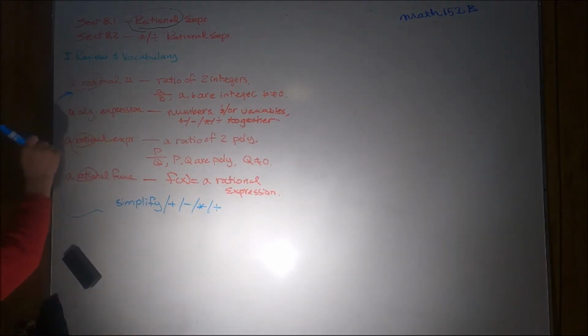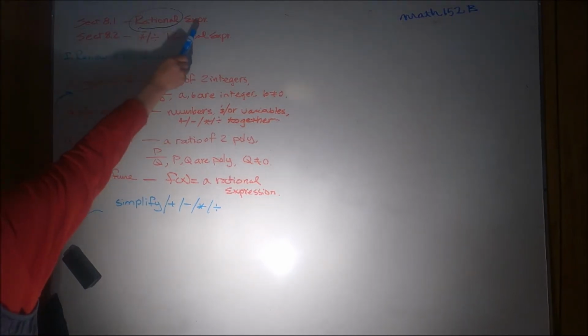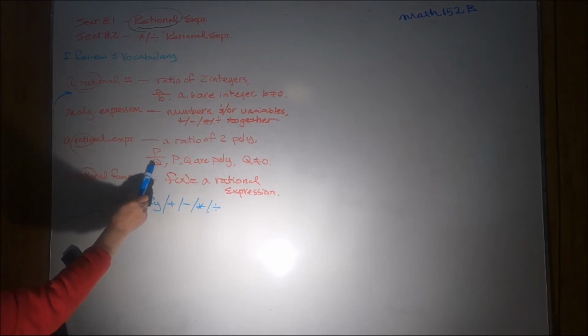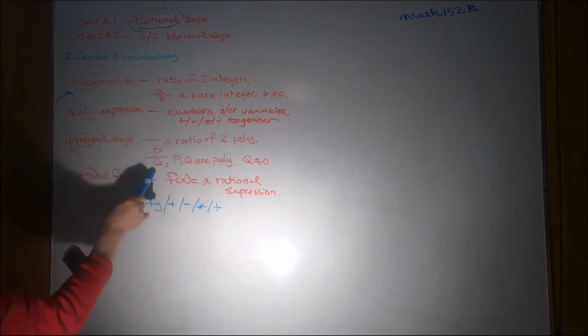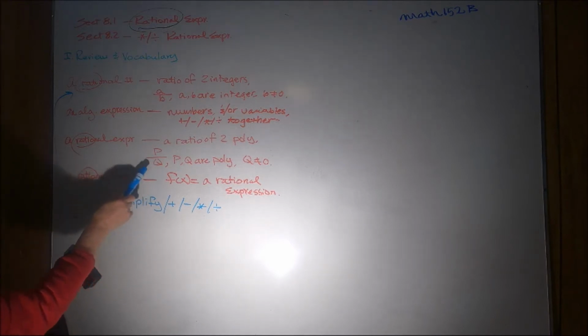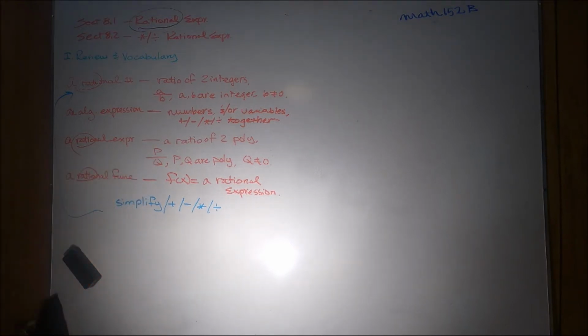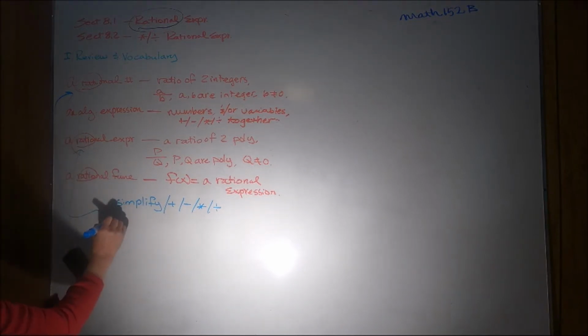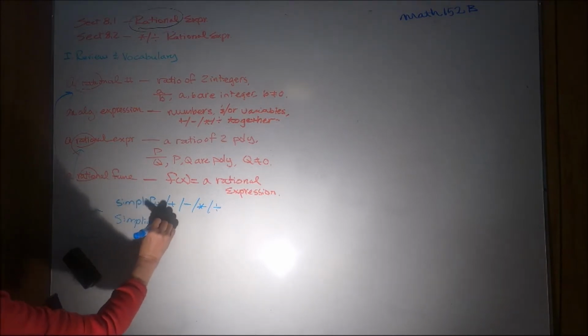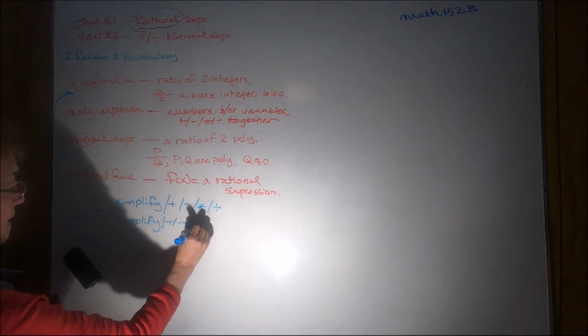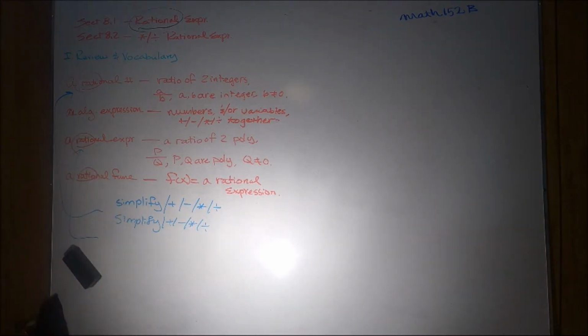That's for numbers. Then we are going to learn rational expressions, which are polynomials in fraction style. For those, what do you think the basic skills are? Same thing: simplify, and add, subtract, multiply, and divide. So that's what we are going to do.